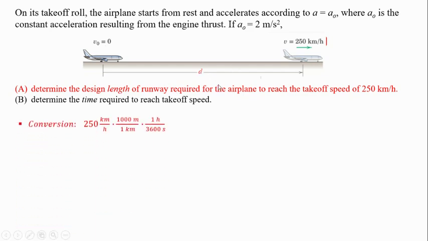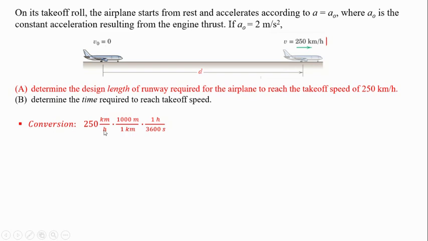Right away I noticed that the unit for the takeoff speed is in kilometers per hour, but the unit for acceleration is in meters per second squared. So it's a good rule of thumb to convert all units from the get-go, so there are no hiccups later. To convert 250 kilometers per hour to meters per second, the first step I did was convert kilometers, which is 1 kilometer for every 1,000 meters. The kilometer on top and bottom is going to cancel out.